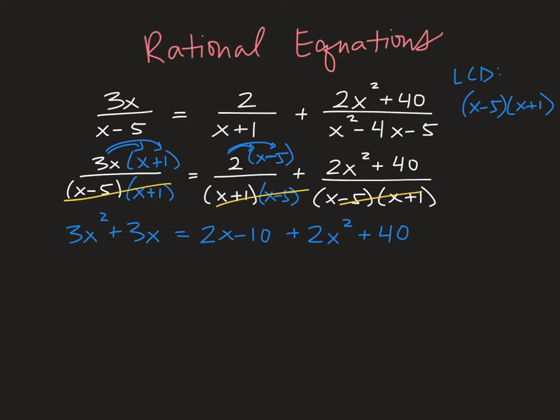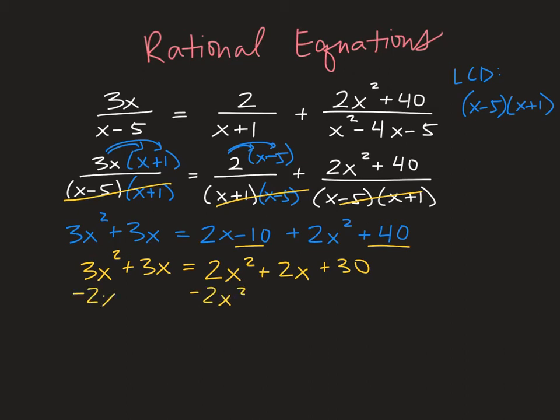All right, going on to solve, we'll see if we can combine any like terms on any of the sides. So we'll have 3x squared plus 3x equals, and I'll write this as 2x squared plus 2x, and then we have a plus 30. Let's get this all equal to 0. We can see we have a quadratic. So I'm going to subtract 2x squared from both sides. I'm trying to get this right side to 0.